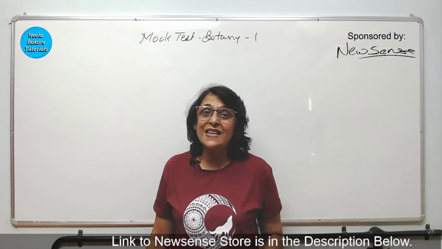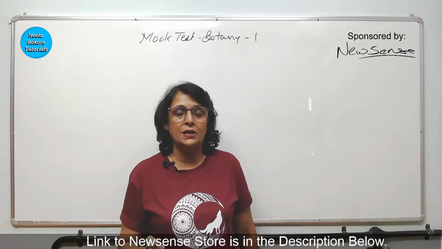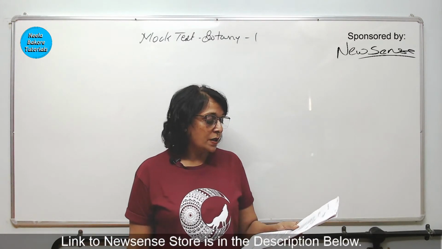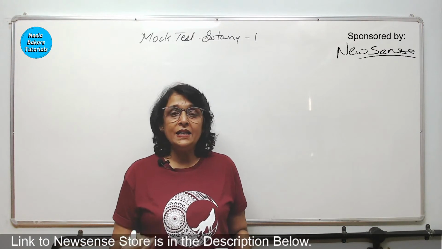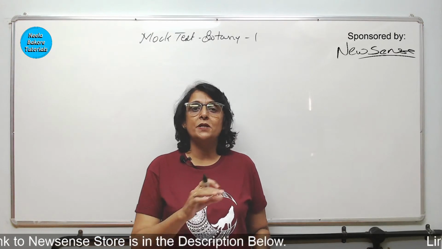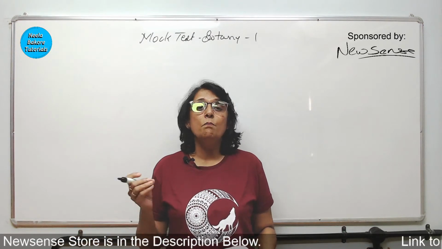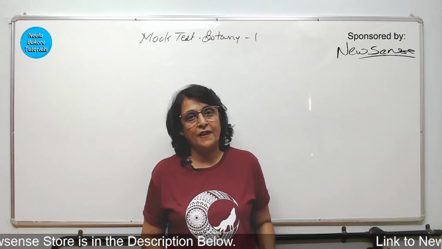Okay, coming to the second one, this is a factorial question. There was Irish famine, and in Irish famine, potato crop was completely destroyed because of a fungal infection.